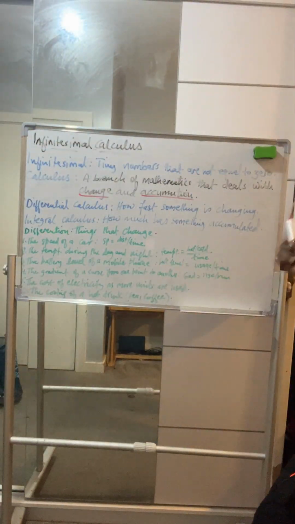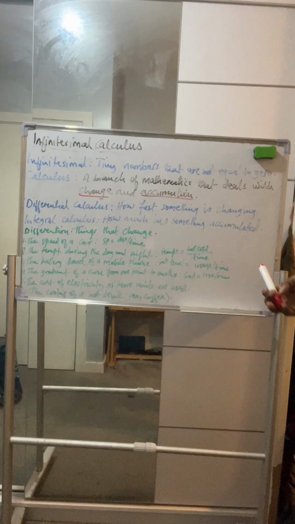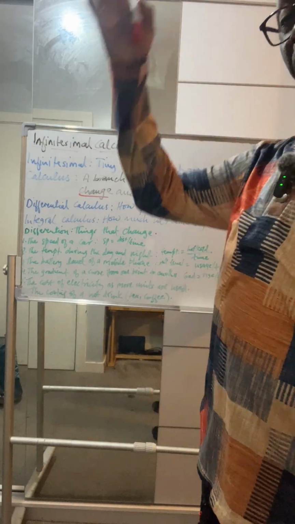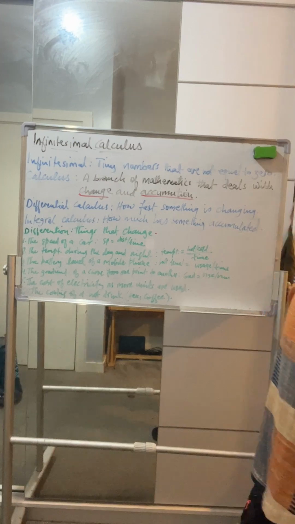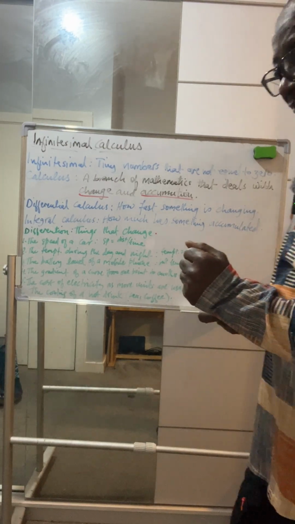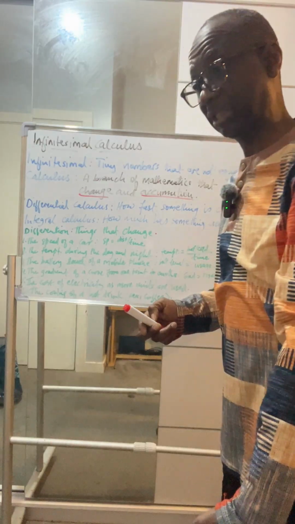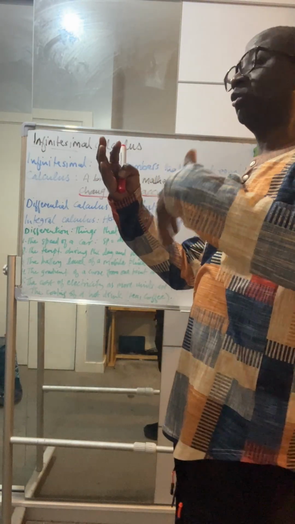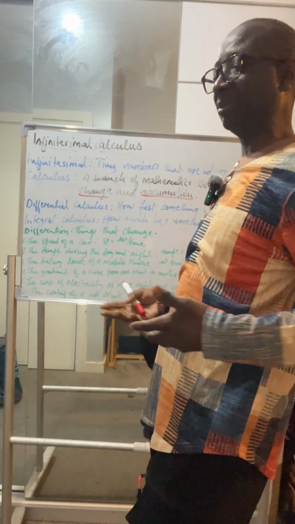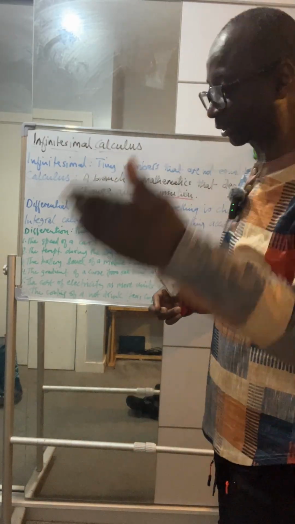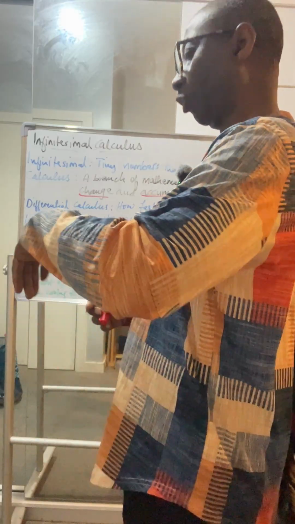Another thing that changes is temperature during the day and night. Temperature can either go up or go down. It changes with time, from time to time. At a certain period of the day, it might be high. Another period of the day, it might be low or medium.